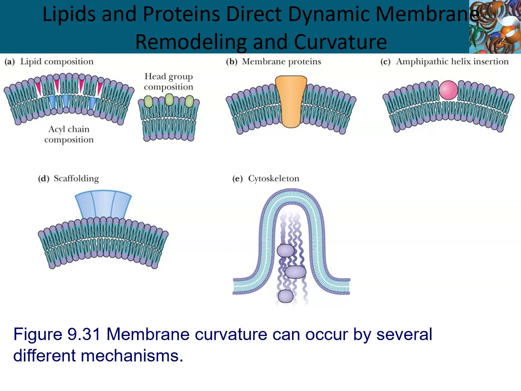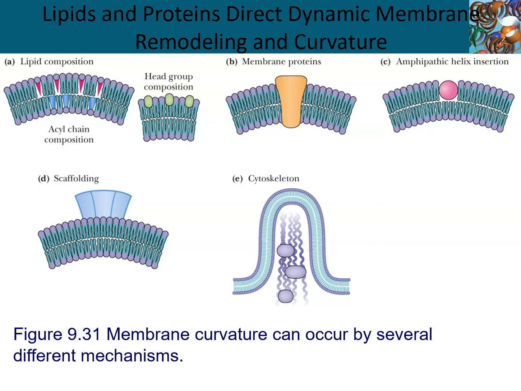You can see in case B, a conical membrane protein, which is a transmembrane protein, which is causing a wedge-like curvature effect. Or you can see an integral membrane protein, which is non-transmembranous, which is only inserted in one side, which is driving curvature.